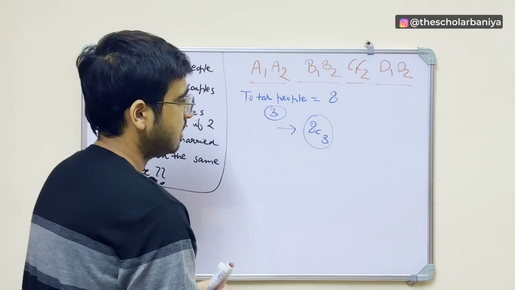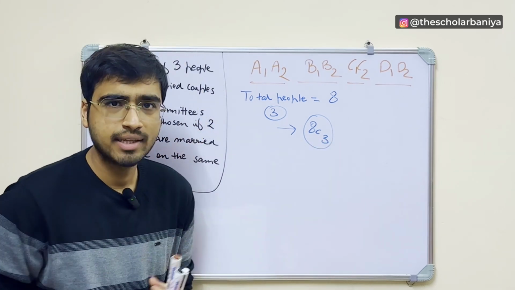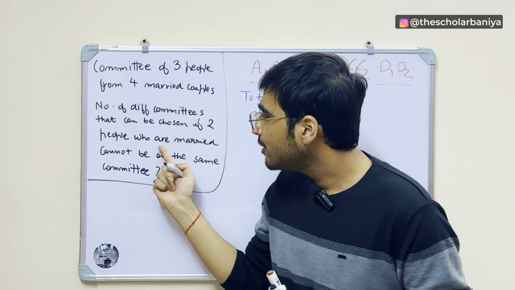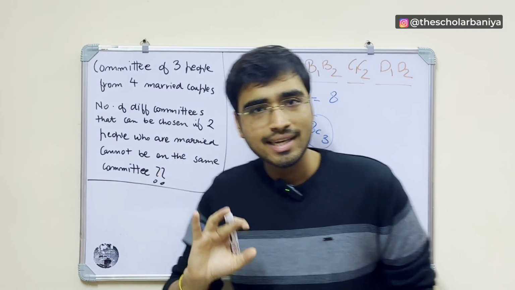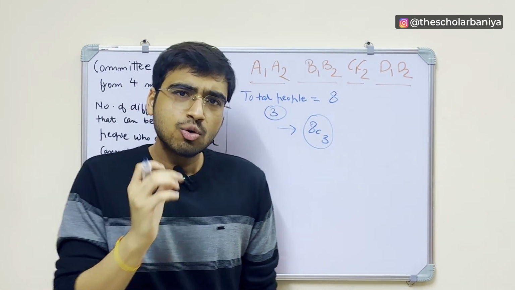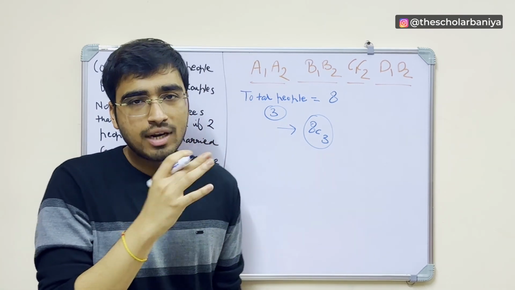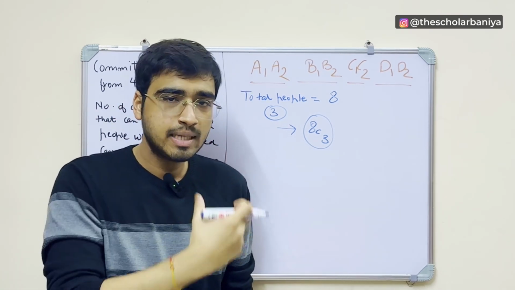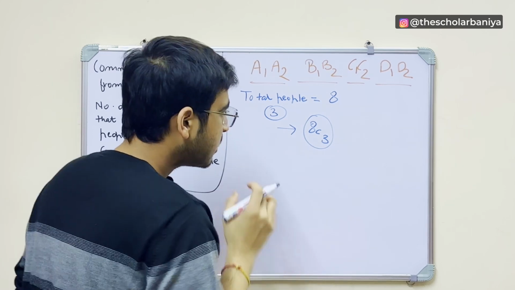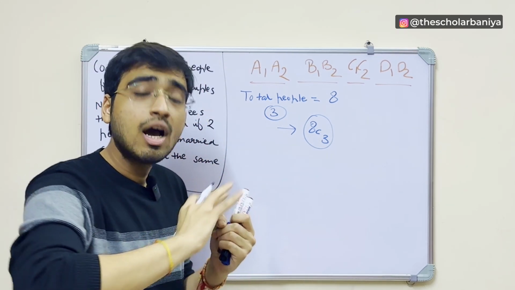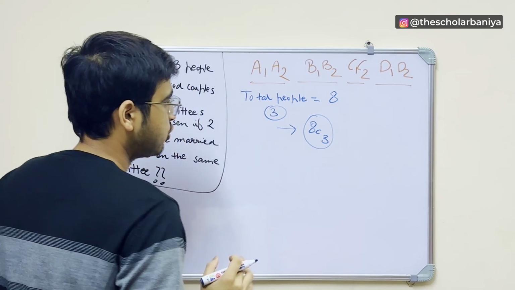So this is 8C3. Now tell me one thing, we have to find out the number of different committees in which the couple are not in the same committee, right? So again, in such questions, what we do is that we take the opposite. So now let's assume that the couples are in the same committee, right? So if the couple is in the same committee, then how many cases are possible? Let's talk about that.